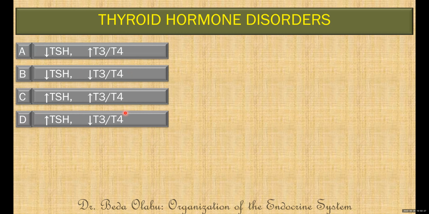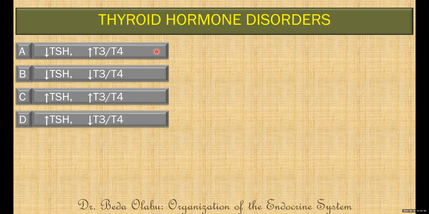Now, the second thing to then determine is whether it's a primary disease or a secondary disease. So on that, you look at TSH and you correlate with the levels of T3, T4. So back to you people, patient A, we've agreed it's hyperthyroidism.